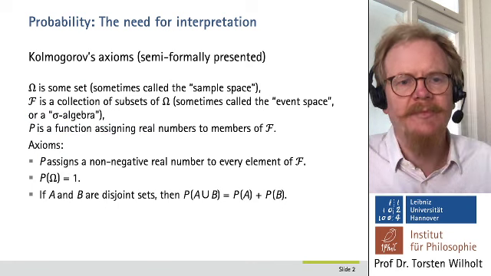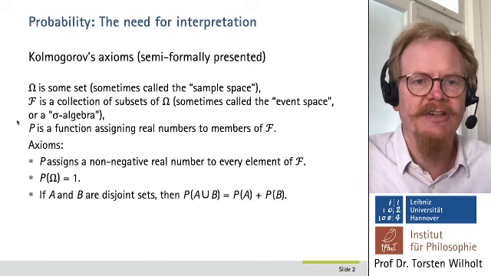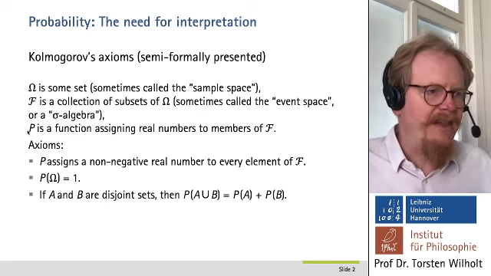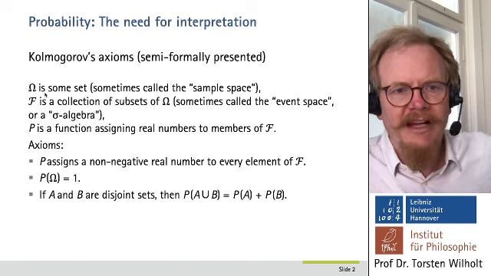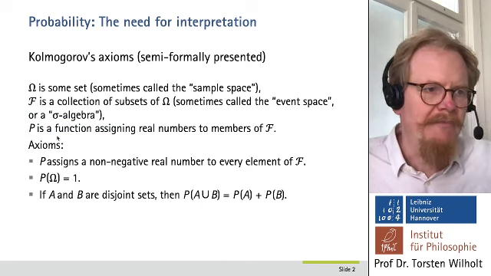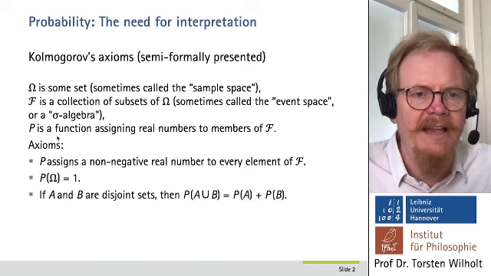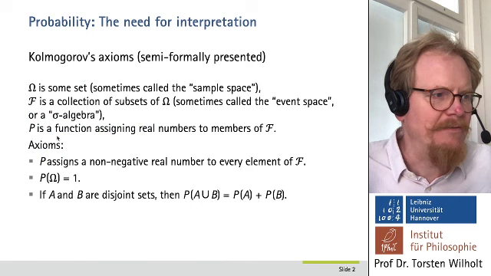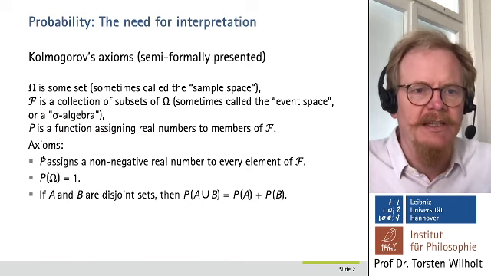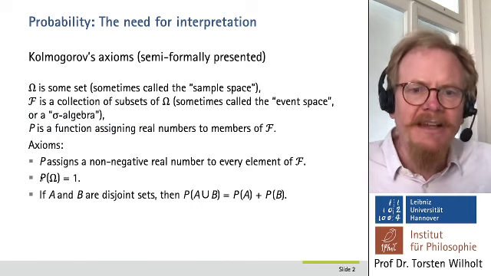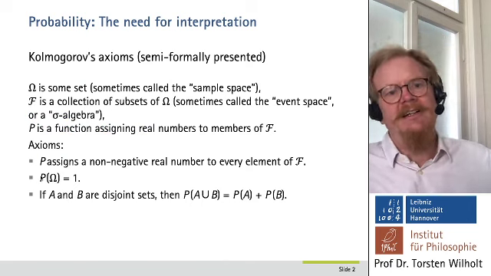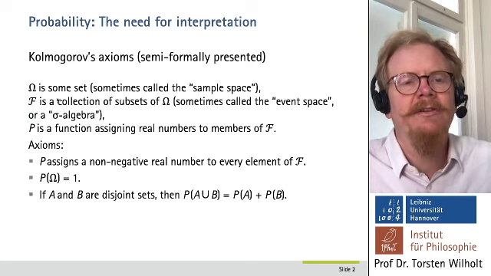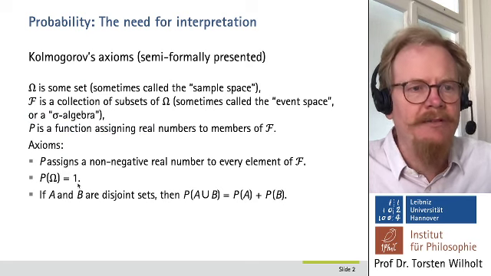And P is a function assigning real numbers to members of F. Then together omega, F and P are called a measure space. And now Kolmogorov formulates just three axioms that place some constraints on this function P. Namely, P assigns a non-negative real number to every element of F. The P of omega, of the whole set, is 1.